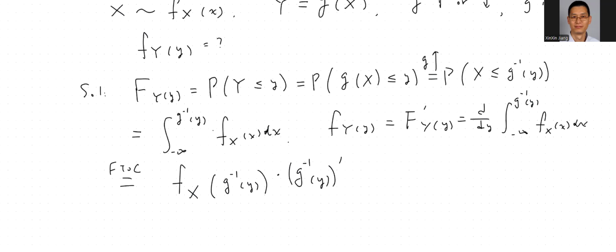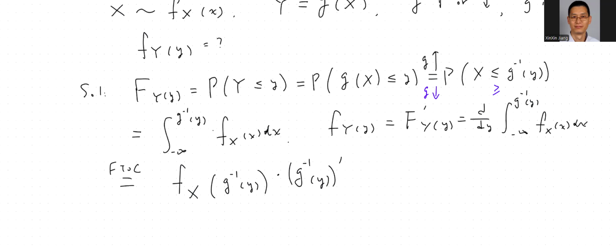Now, when the function g is decreasing, and you take g inverse on both sides, you actually have to change the direction of the inequality. I'll give an example.